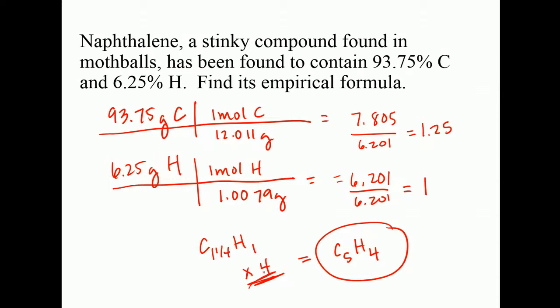Now, one of the reasons empirical formulas are important, some kids just find this to be a lot of number crunching, and the reason why it's an important process. If we have a substance that's an unknown, it can be analyzed using a mass spectrometer, and you can do different types of spectroscopy analysis on the sample.